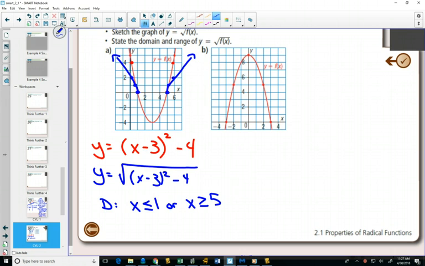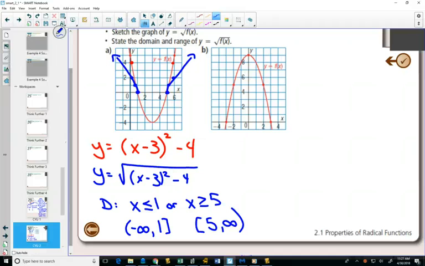In interval notation for the same one, interval notation always starts from your smallest values to your biggest values. So for x less than 1, you would write -infinity to 1. For x bigger than 5, you would write 5 to infinity.